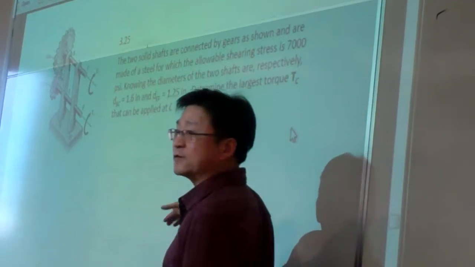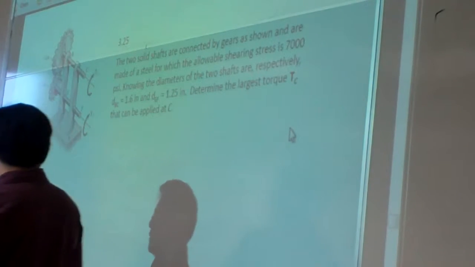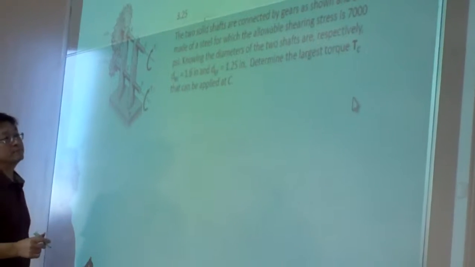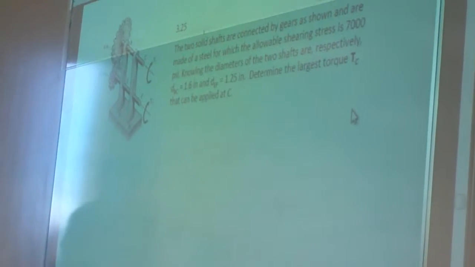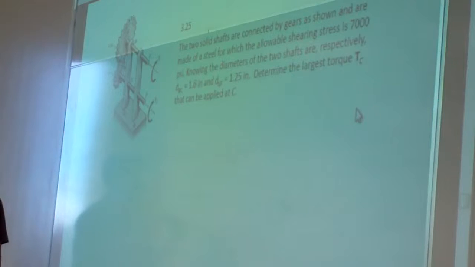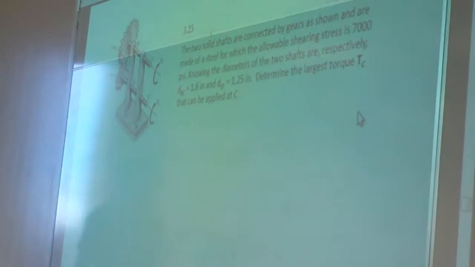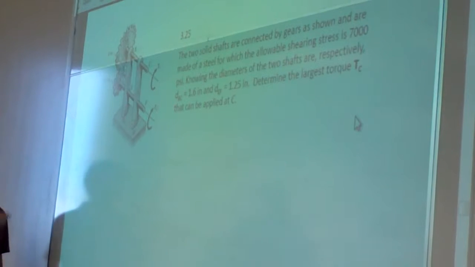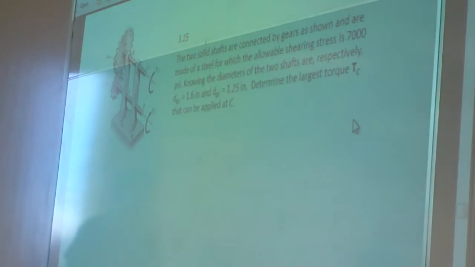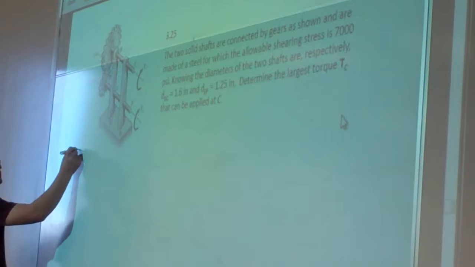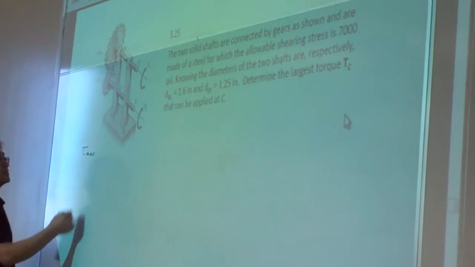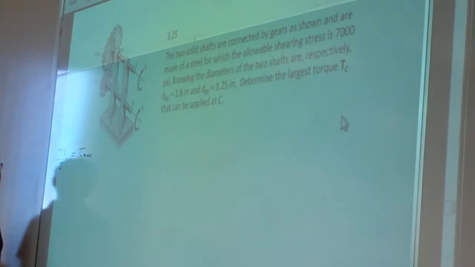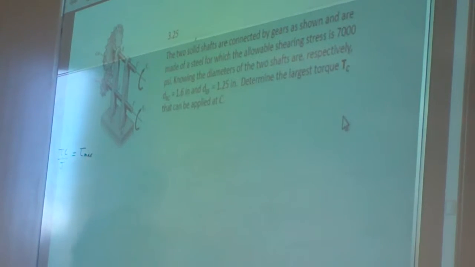So we have to check both shafts individually. Two things: one is that the maximum stress is less than 7,000, the second is the relation between the two torques. We apply the two things individually. First, the maximum stress on one side is Tc over J, and that is our generic formula.